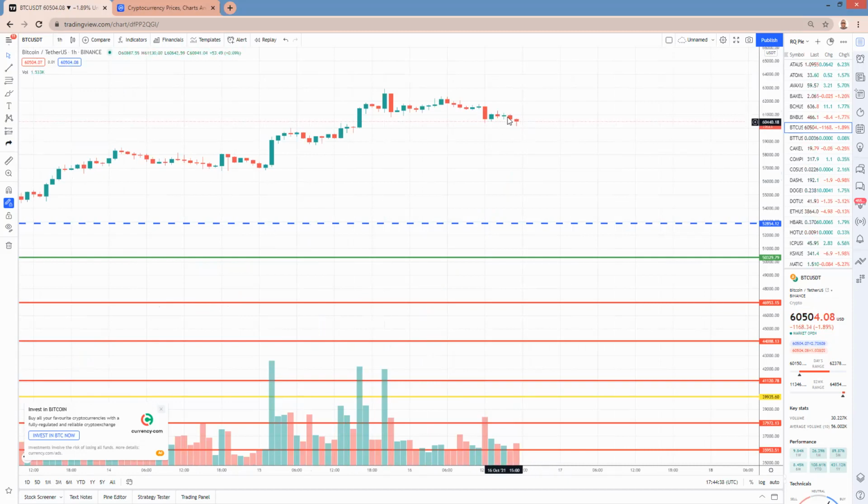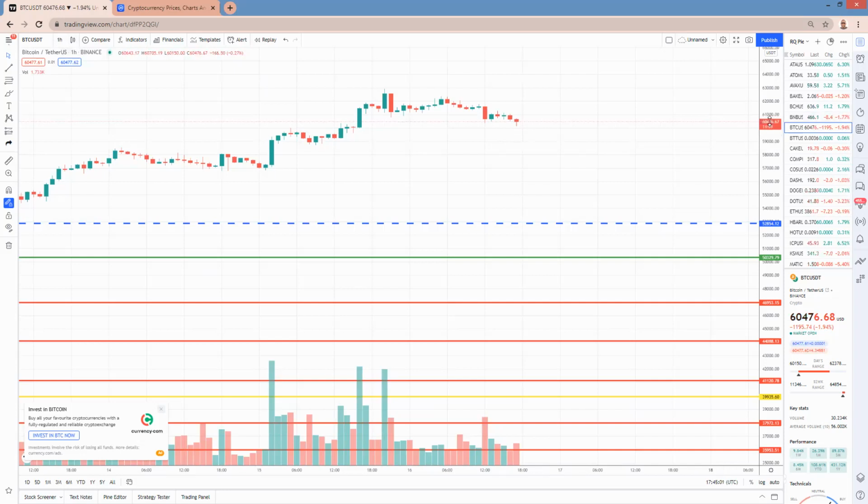When you look at this one, we see green, and we see red now, because at the moment the price action is lower than the opening price of this particular candlestick on an hourly time frame.